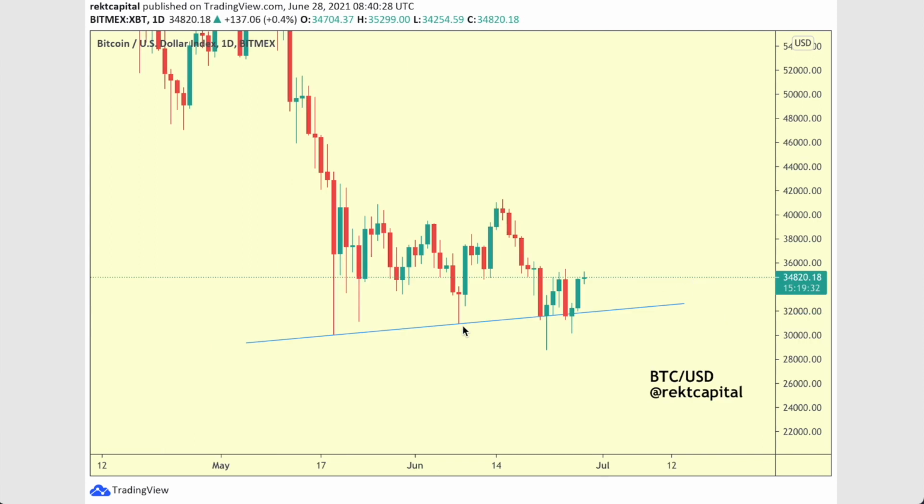But not only that, we're holding the multi-week daily higher low despite briefly wicking below it on 2 separate occasions, and in the process actually forming these 2 higher lows right over here.